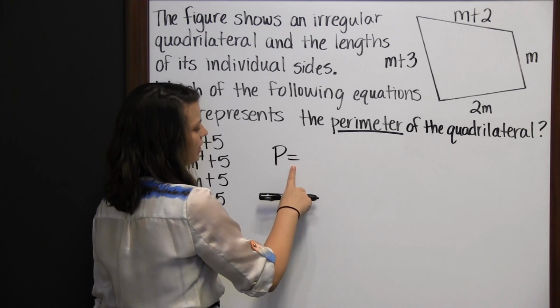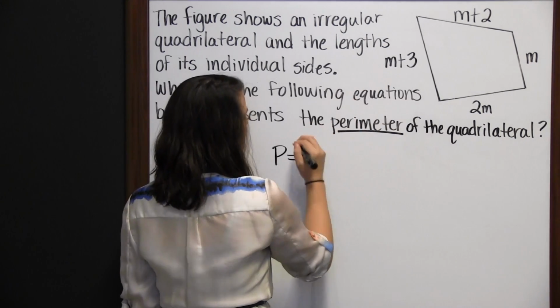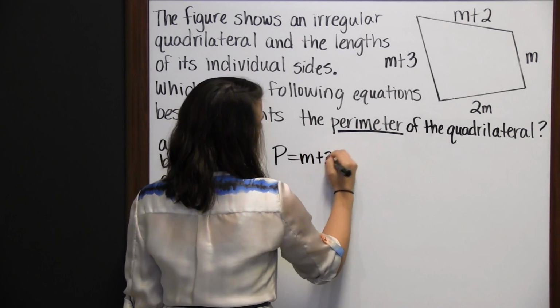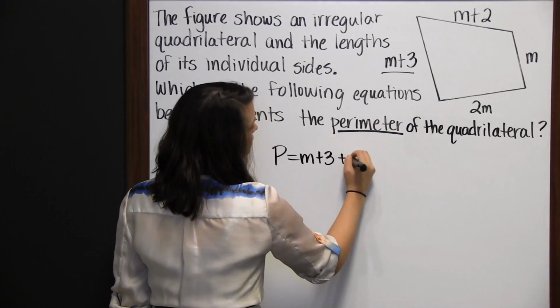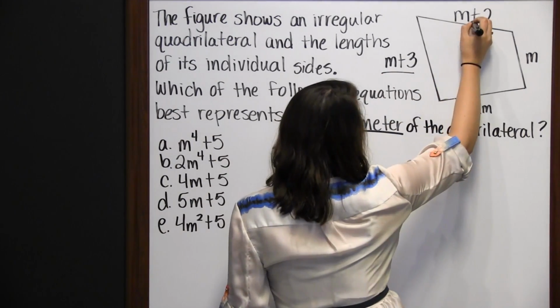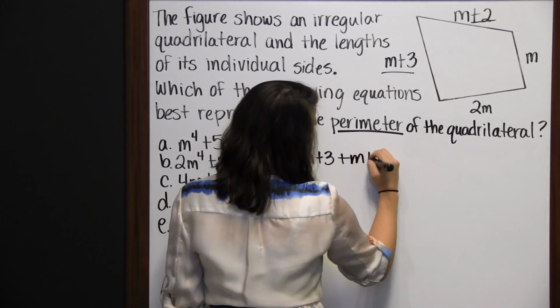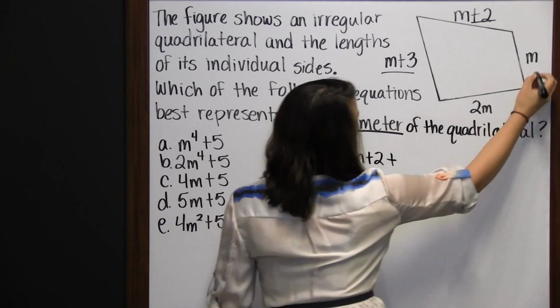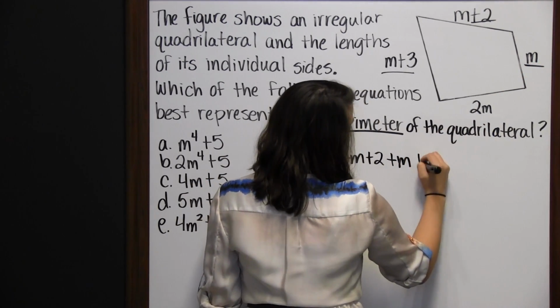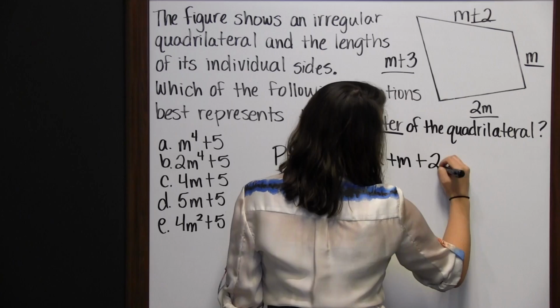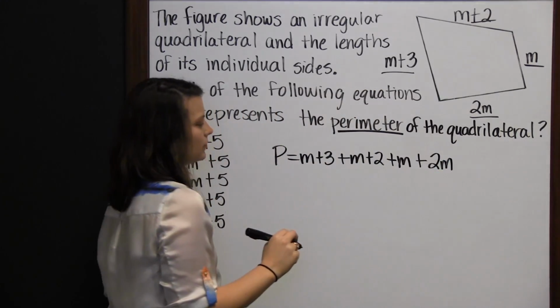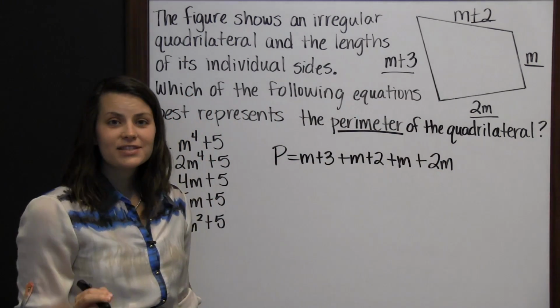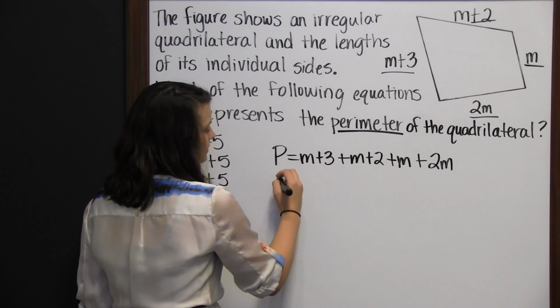So the perimeter is m plus 3 plus m plus 2 plus m plus 2m. And now we just need to combine like terms.